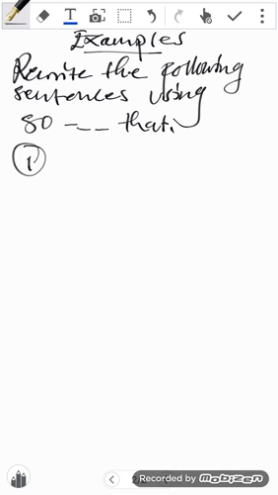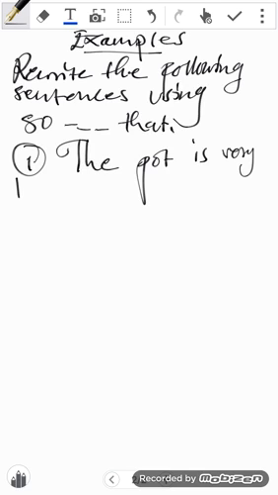Example number 1. The pot is very hot. Full stop. I cannot touch it.